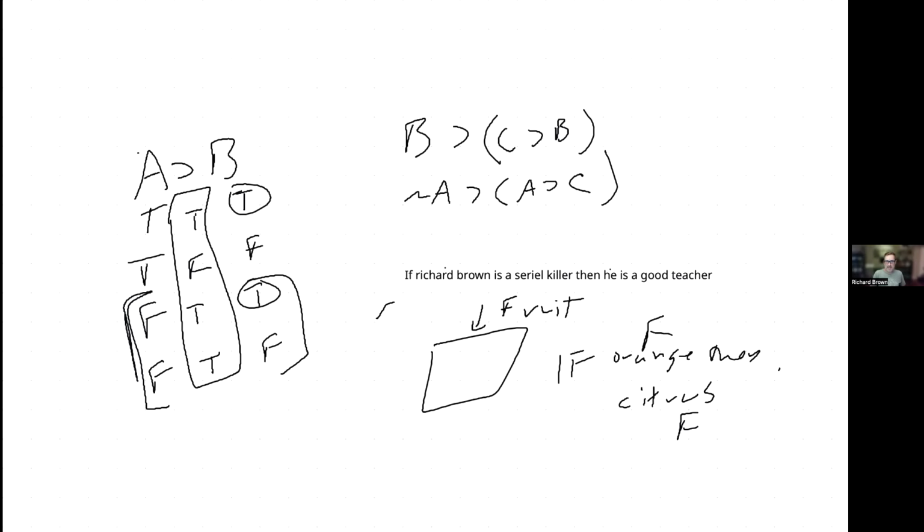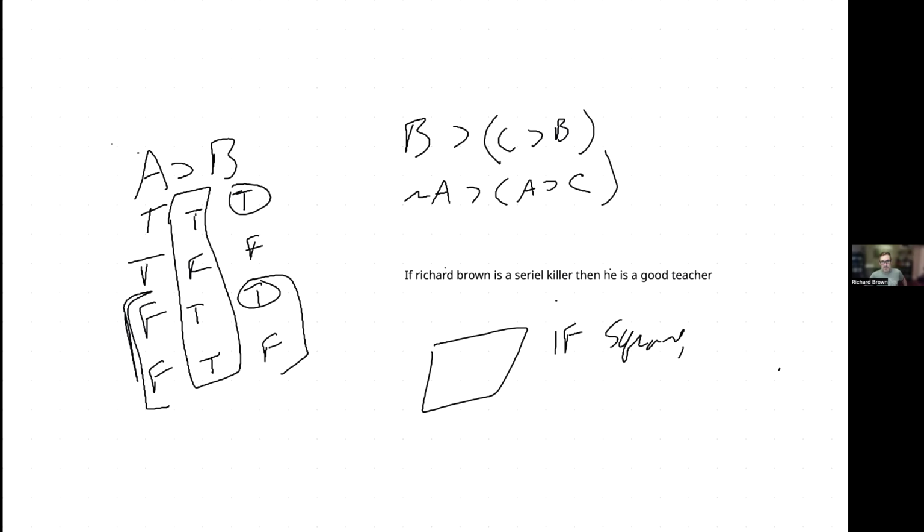Another kind of example: suppose that I say there's a shape in the box, and you say, well, if it's a square, then it has four sides. And then suppose out of the box, I pull this trapezoidal thing. So it's false that it's a square. It's true that it has four sides.